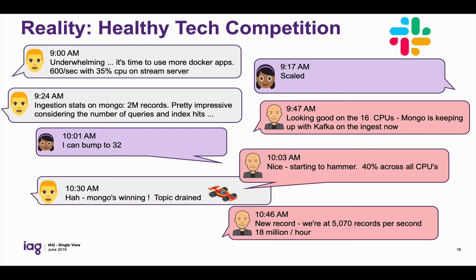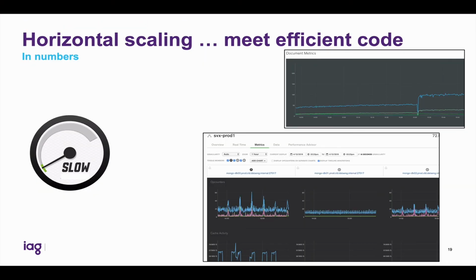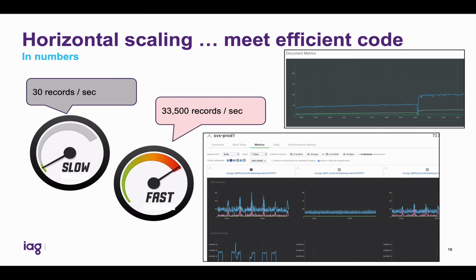So here you can see the team's working really easily, the tooling supporting them, and getting that scalability and throughput that we need to get through that giant backlog of records. Here you have your numbers, 30 records a second, and accelerating up to 33,000 records per second as we start to get that efficiency in code and that scalability and performance.